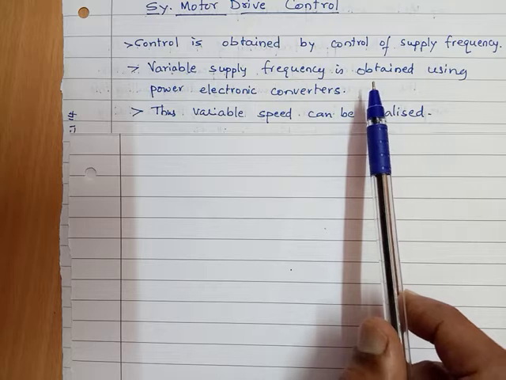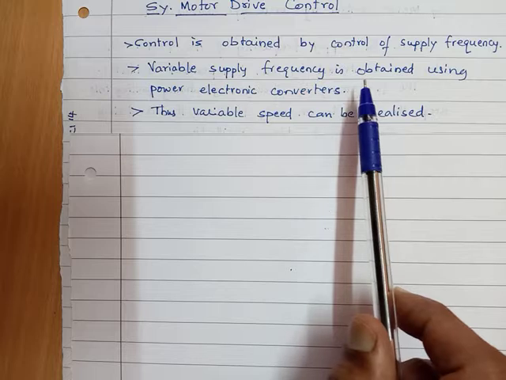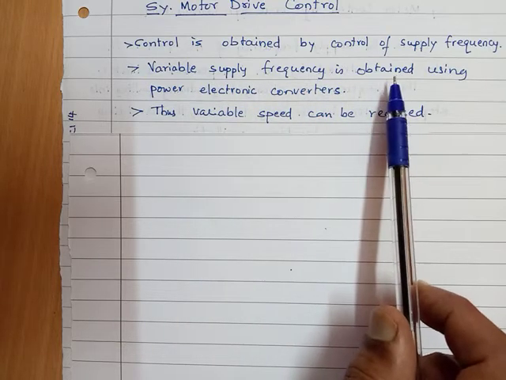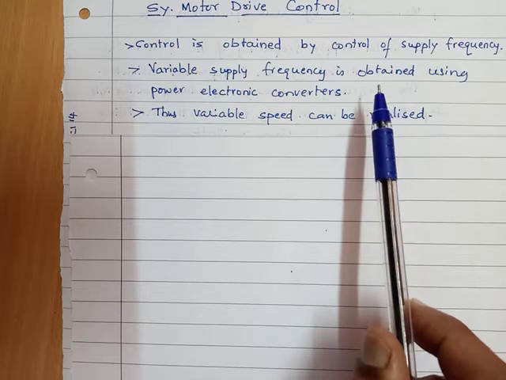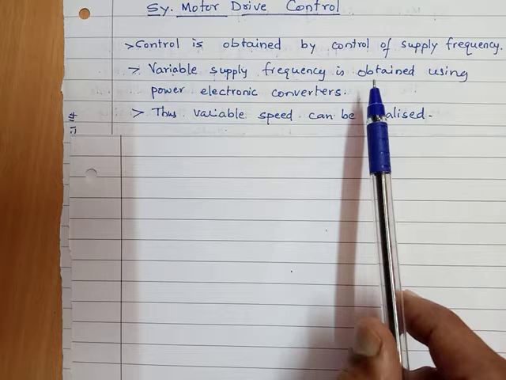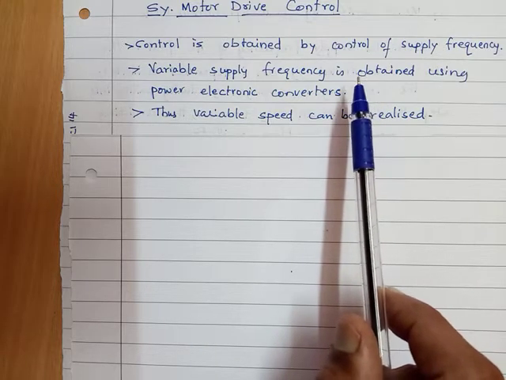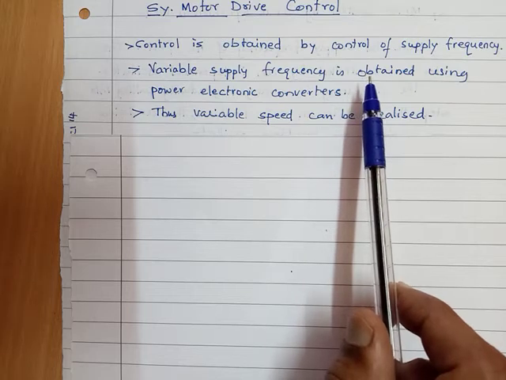Are you able to appreciate that? The output of the alternator can be controlled, the frequency and the voltage. If we have such a source, then it can be obtained, but having a separate alternator for controlling the synchronous motor itself is not a good proposition, because the weight and size of the alternator becomes a limitation.